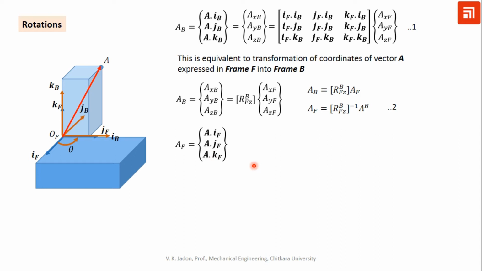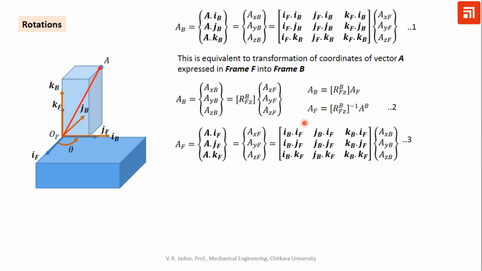We will be using the basic concept of dot product. Similarly, we can write down the 3 by 3 matrix with expressions of dot product to convert the component of vector in body fixed frame into component of vector in fixed frame.